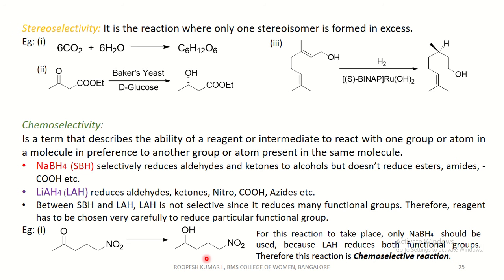For this reaction to take place, only sodium borohydride should be used because LAH reduces both the functional groups. That is, if you use LAH, keto is converted to alcohol and nitro is converted to an amine. Hence, sodium borohydride is used to convert only the keto group to an alcohol group. Therefore, this reaction is a chemoselective reaction.